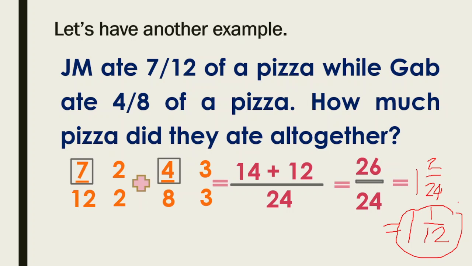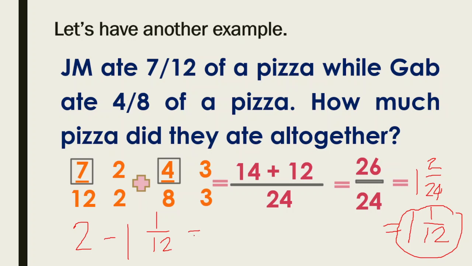Pag mo-order ka, kadalasan buo. Okay? Another question. If they ordered 2 whole pizza, 2 buong pizza, ilan ang matitira doon sa pizza na kinain nila? So 2 minus 1 and 1 over 12.